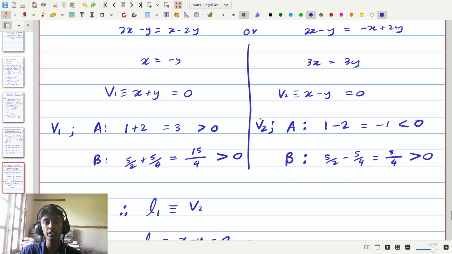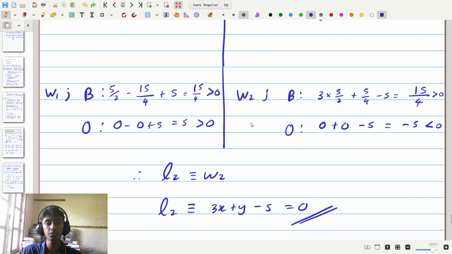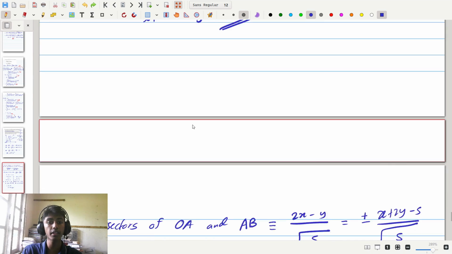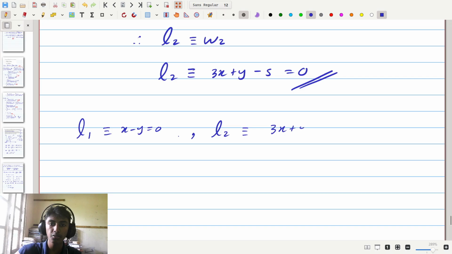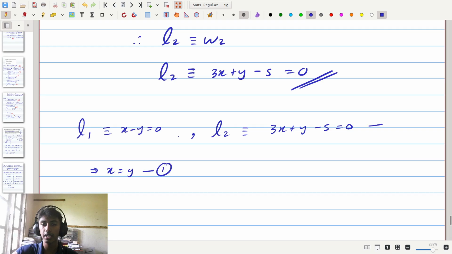So if we consider doing that, for the two lines, L1 is x minus y equals 0, and L2 is 3x plus y minus 5 equals 0, we can see from the first line that x equals y, which is 1, and then we can take this as number 2.